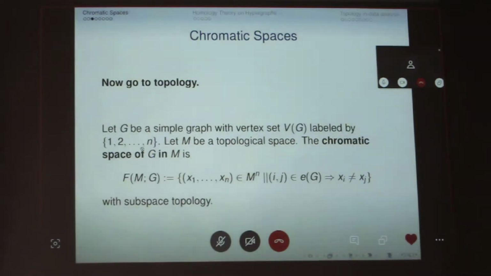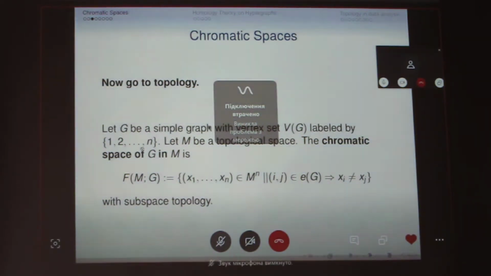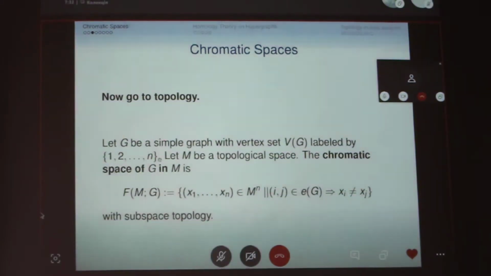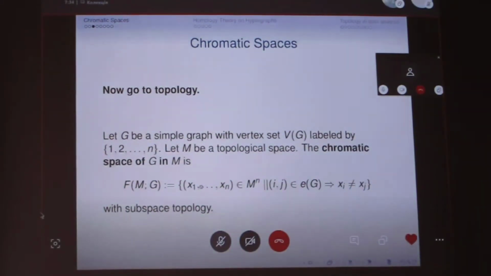Then the first vertex gets a color x1, and the second vertex 2 gets color x2, and so on and so on. So we put the colors here.